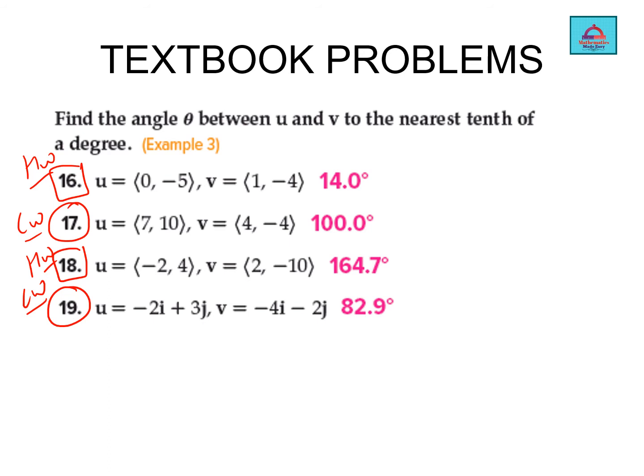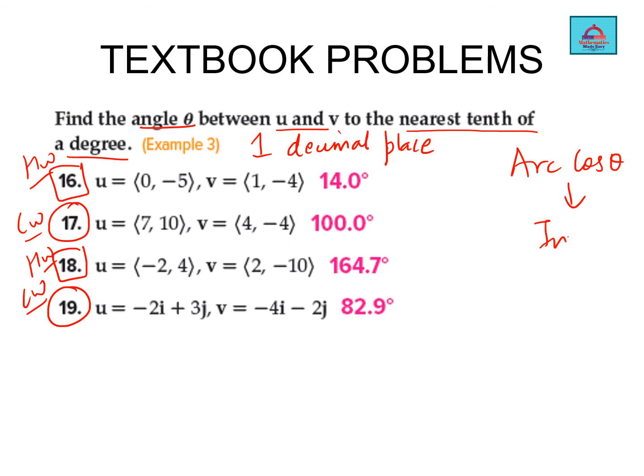So let's find the angle between the vectors u and v, and remember to round it off to the nearest tenth of a degree. So 1 decimal place we are going to round off. You are going to use your calculator here because we are going to do arc cosine, or we are going to use inverse trigonometry.